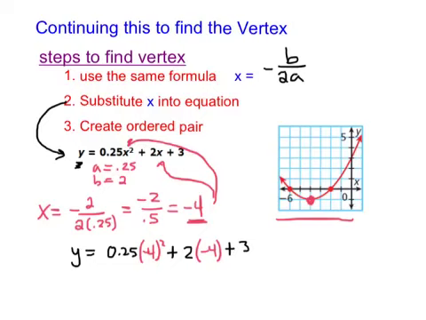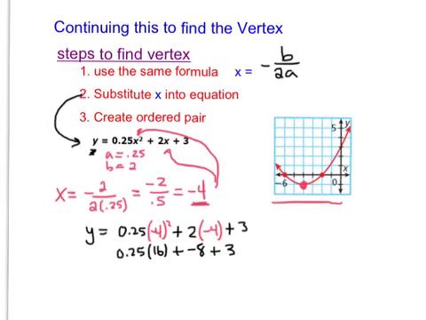And so that's going to give us 0.25 times 16 plus negative 8 plus 3. And so 0.25, or 1/4 times 16, is just 4, plus negative 8 plus 3 is going to give us a final answer of negative 1.